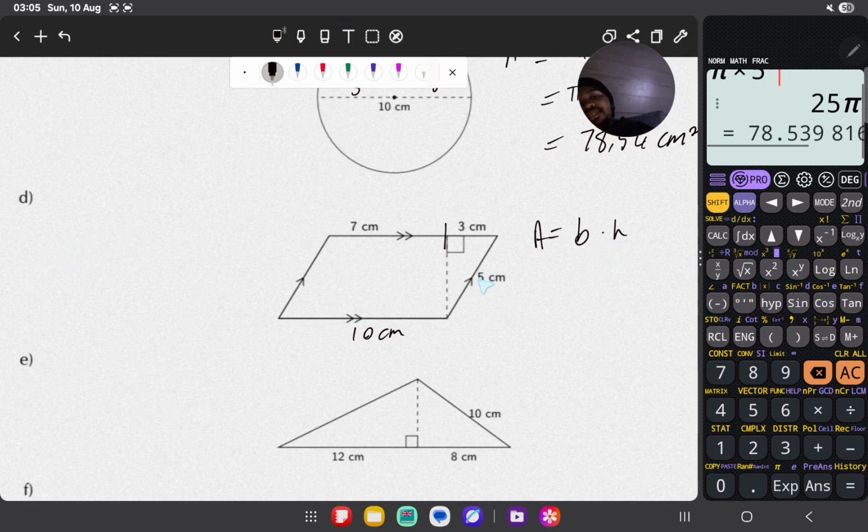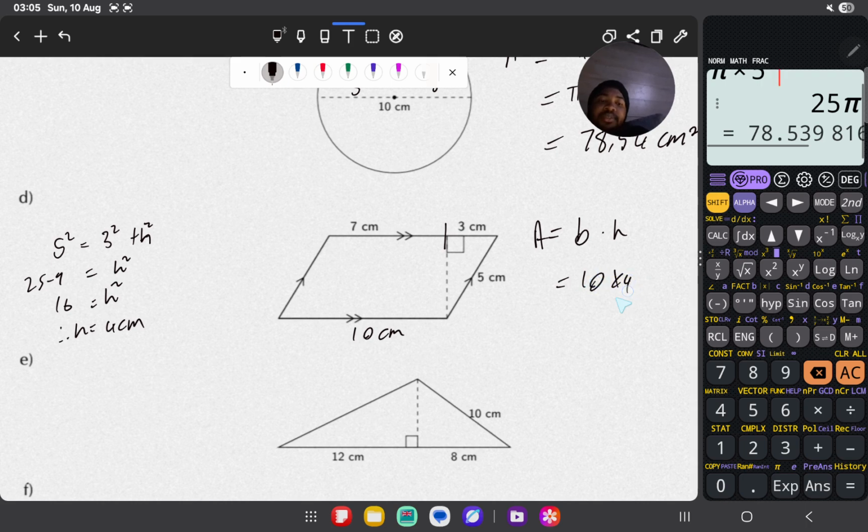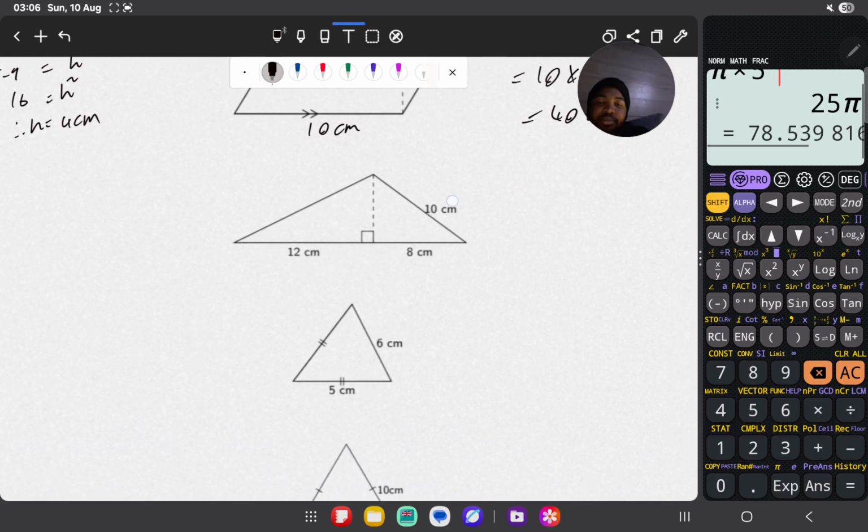So finding this, I would say 5 squared equals 3 squared plus h squared. h squared is 25 minus 9, 16, therefore h equals 4 centimeters. And then here I'm going to have 10 times 4, which is going to be 40 centimeters squared. You see? Beautiful.